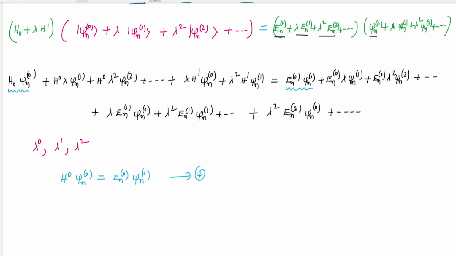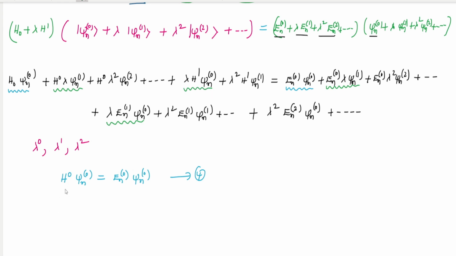Next, we compare the lambda power 1 terms. Here lambda power 1 terms are there, and here also lambda power 1 terms are there.